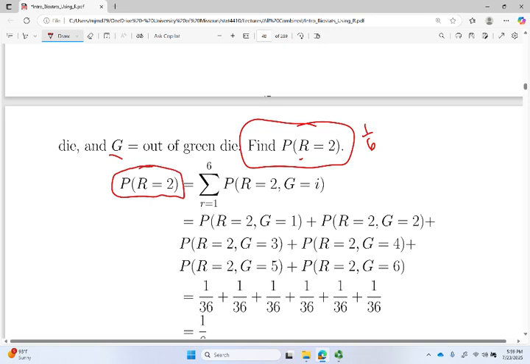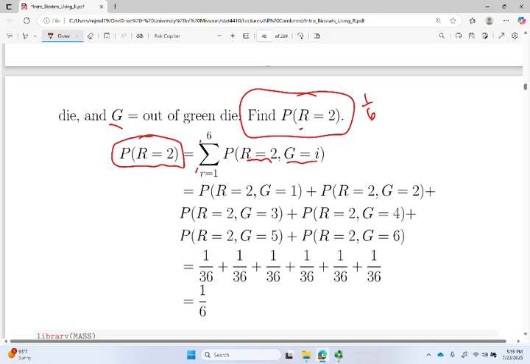So this is what we're interested in. We can think of this as the probability of a 2 on red times the probability that the green die is equal to one of the 6 occurrences.